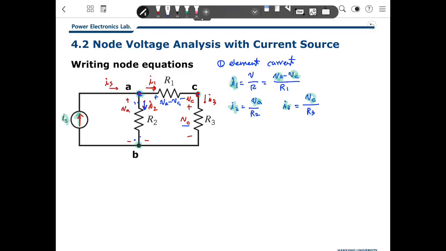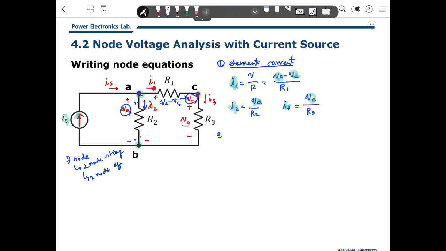So I told you that because there are three nodes, there are two node voltages, and because there are two node voltages, there are two node equations. Now first, we define the element currents with two node voltages, VA and VC.